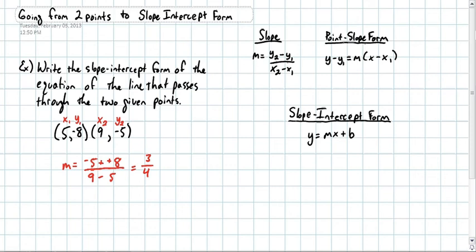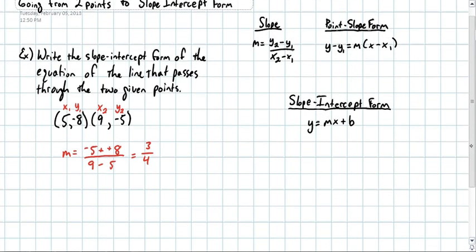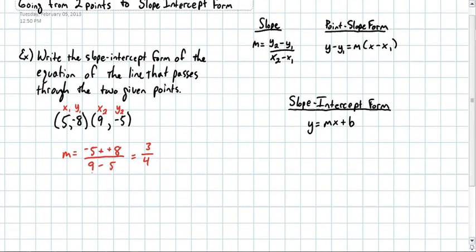So right now I have slope, but I don't have my y-intercept, and I can't just guess what it is. But I do have 2 points and a slope, so that would allow me to start in point slope form, which is what I have to do because I don't have the intercept. So what I'm going to do is write the point slope form of my equation, and then I'm going to rewrite it into slope intercept.